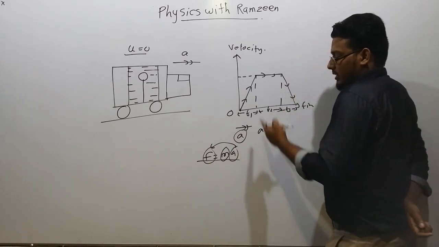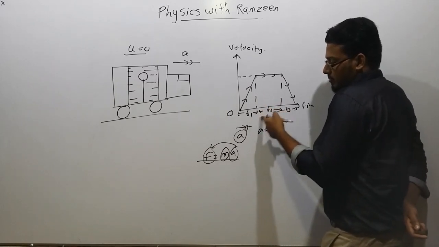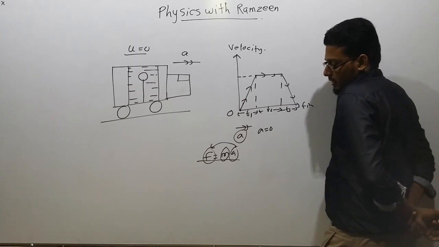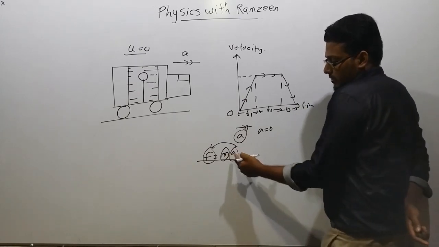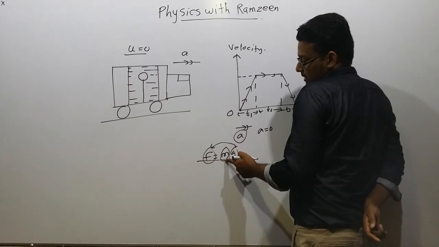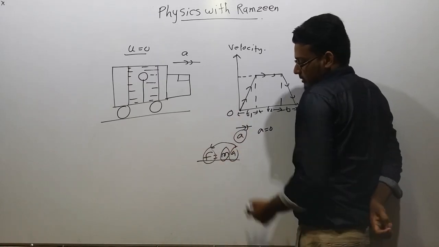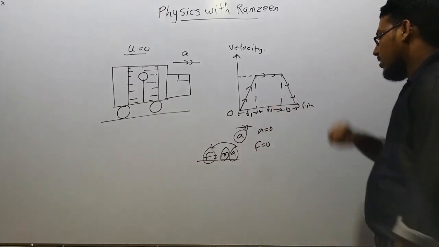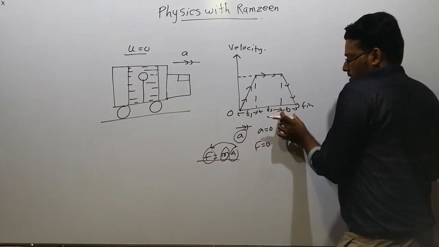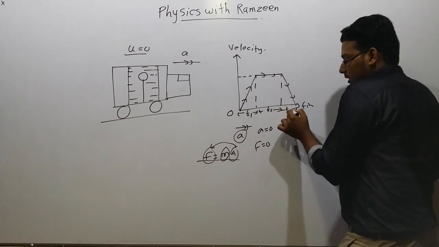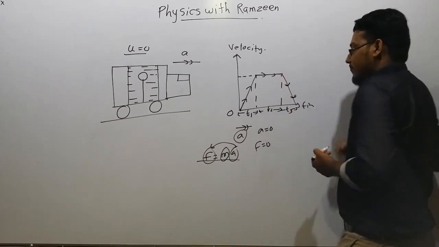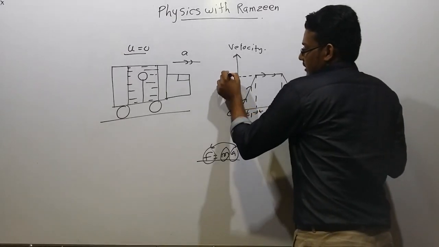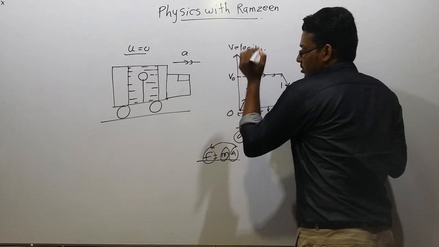But in this diagram, within the time duration T2, there is no acceleration. So I can say mass multiplied by acceleration is equal to 0. There are no external forces. And after that, in the time duration T3, I can find that the velocity reduces to 0. I choose the maximum velocity to be v naught.